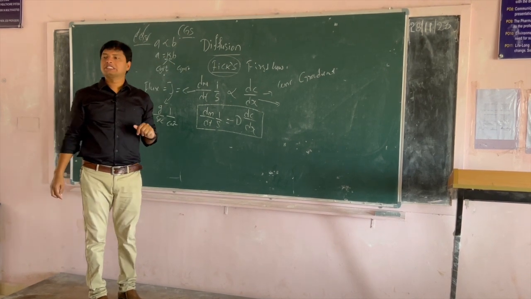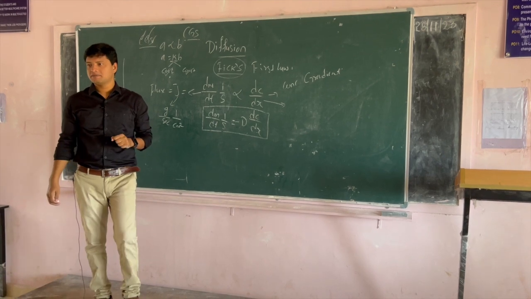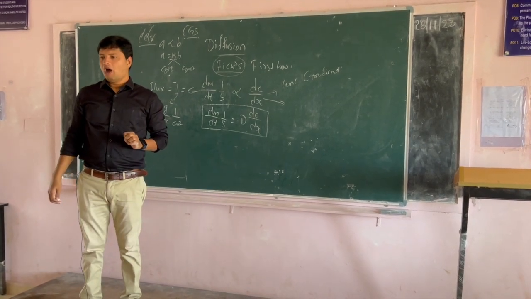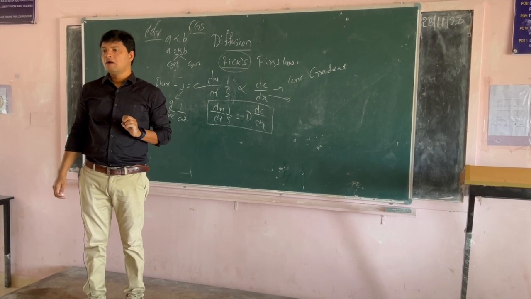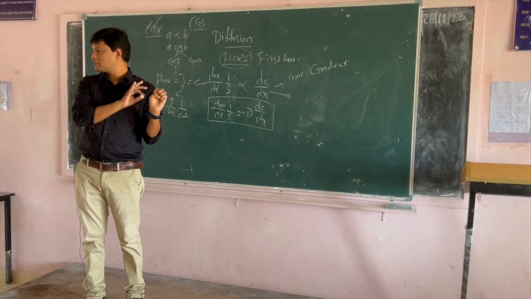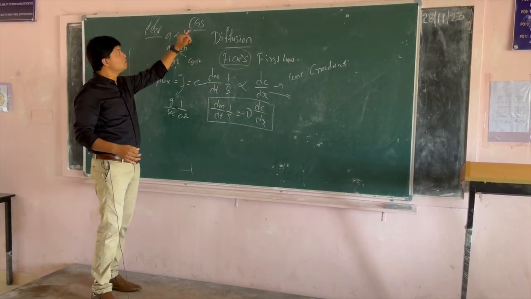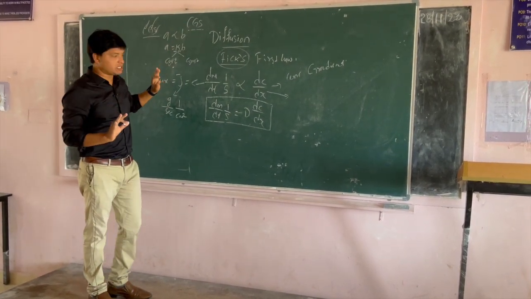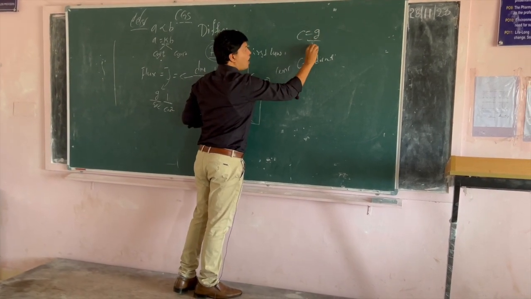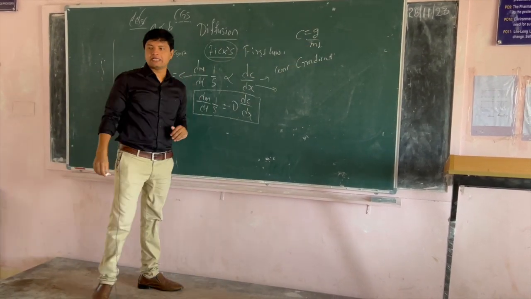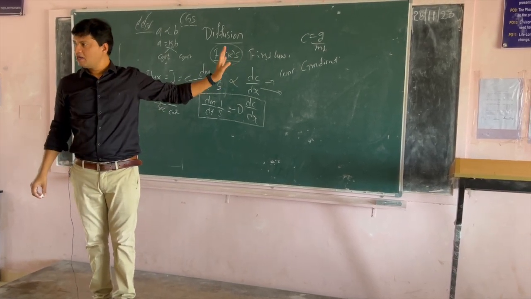Molarity and molality are not in that system. I am telling you CGS. You need to use only gram to express concentration. Concentration is how much amount of solute is present in a given solvent. This is also one expression for concentration.